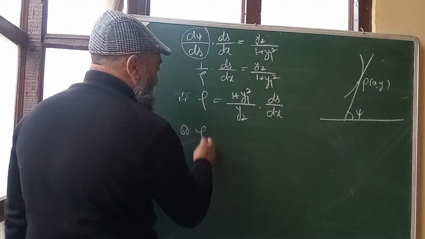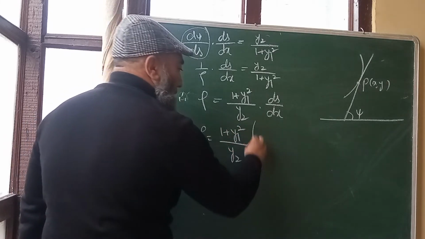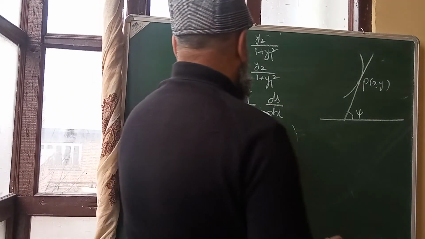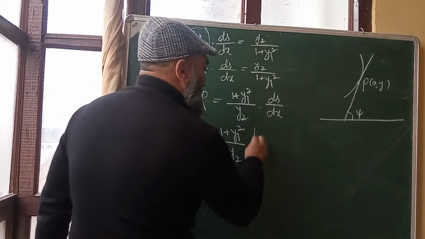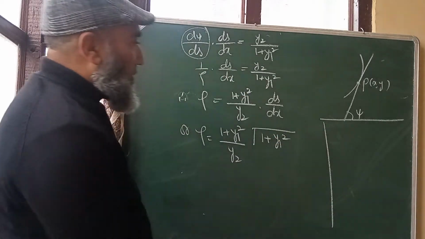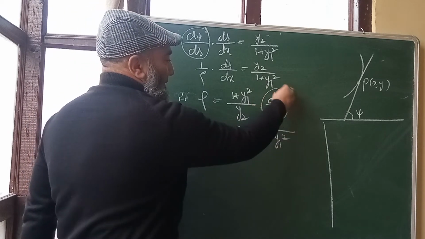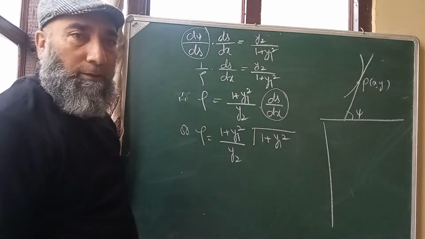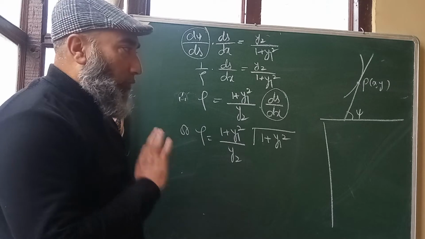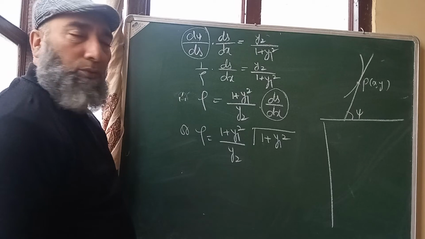Now, what about ds by dx? This is under root of 1 plus y1 square. You have already been taught this in 12th class. So I will presume that you know this.